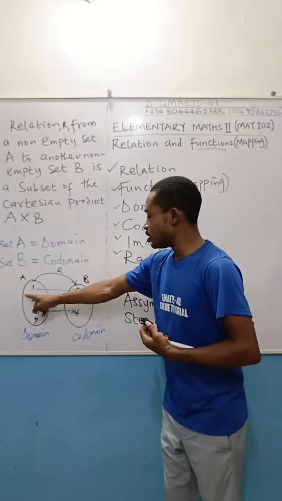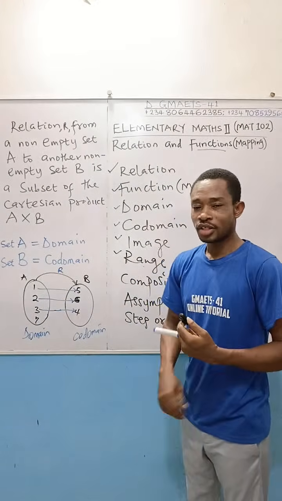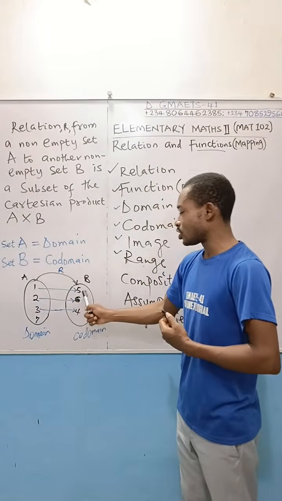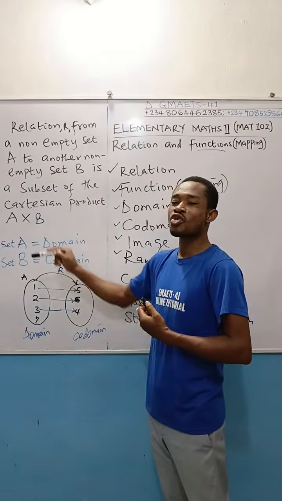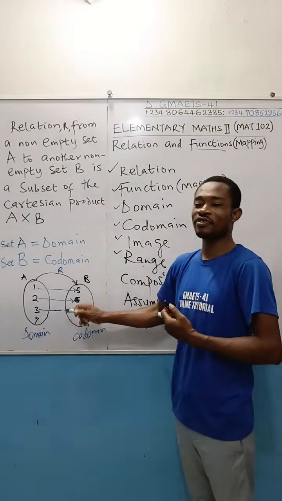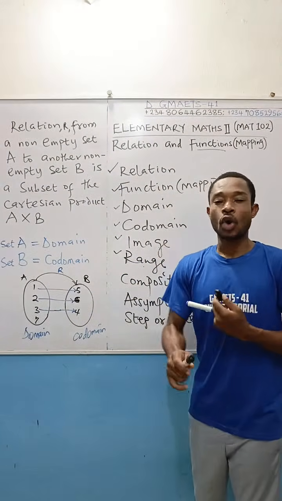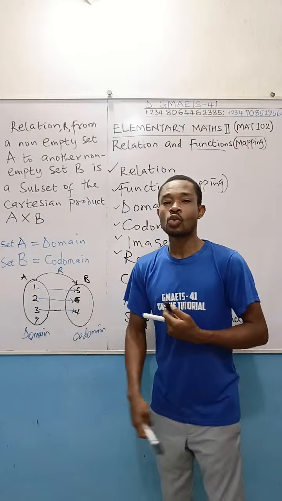Now, this A is the domain, this B is the codomain. You notice that 1 is linked to 5, which means that 1 from the domain produced 5 in the codomain. Therefore, 5 is the image of 1.